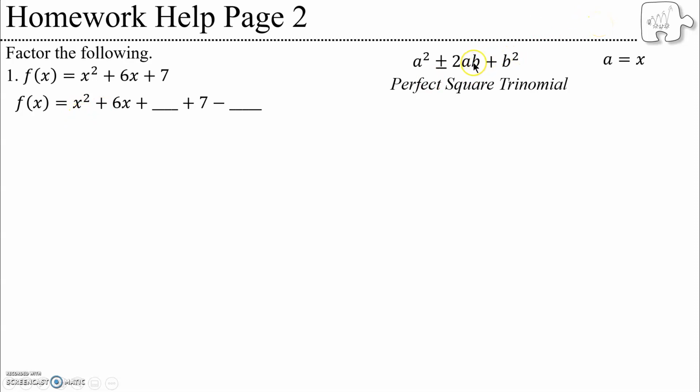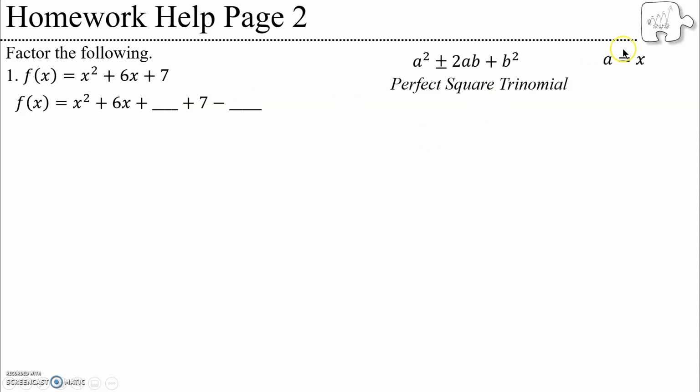So now we want to figure out what b is, right? Because we want to be adding b squared. And since we're adding b squared, we're just throwing it in there out of thin air, we're going to subtract it at the end, right? So now it's like we're adding 0 because we're adding the same number and you subtract the same number, right? Like if you take 2 steps forward and then 2 steps back, you end up at the same spot.